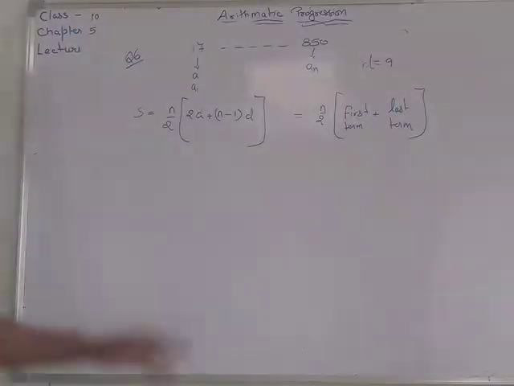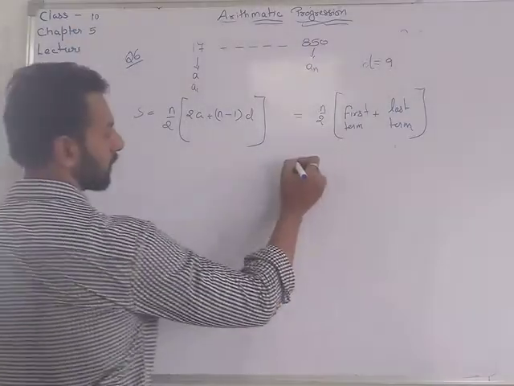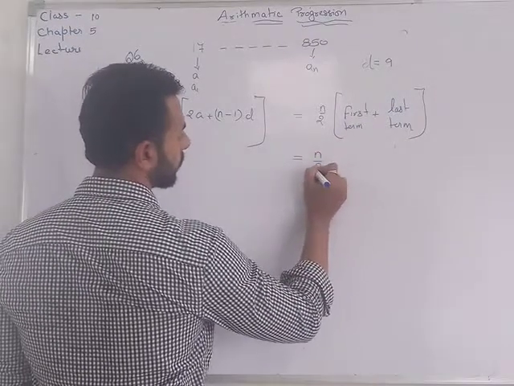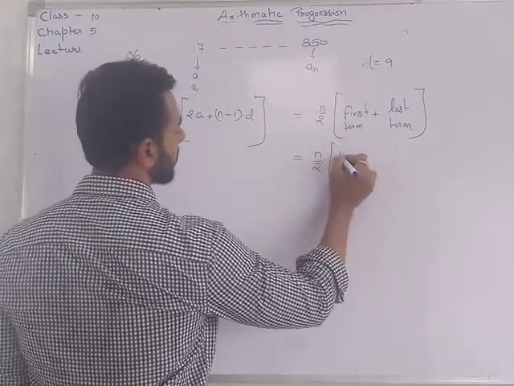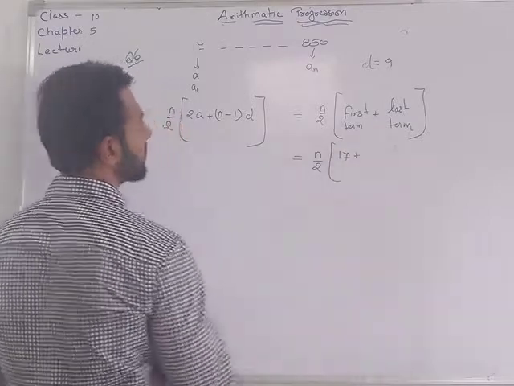Now substituting the values, n by 2, first term is 17 and last term is 350.